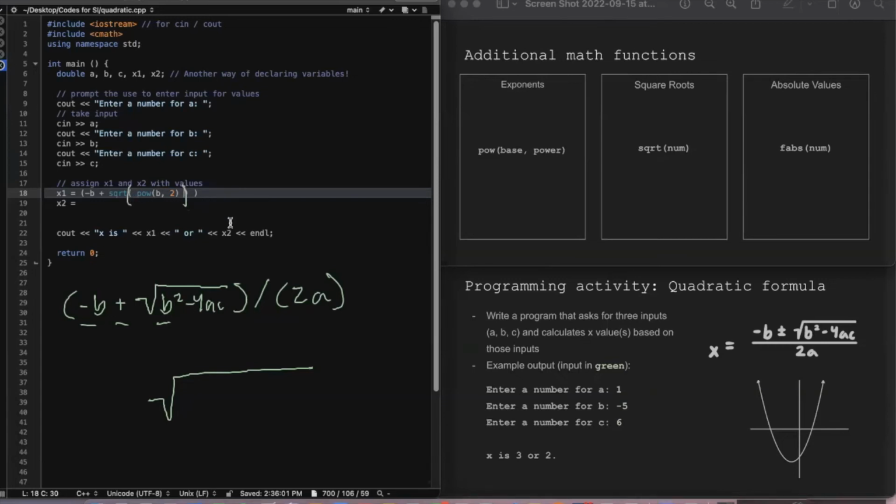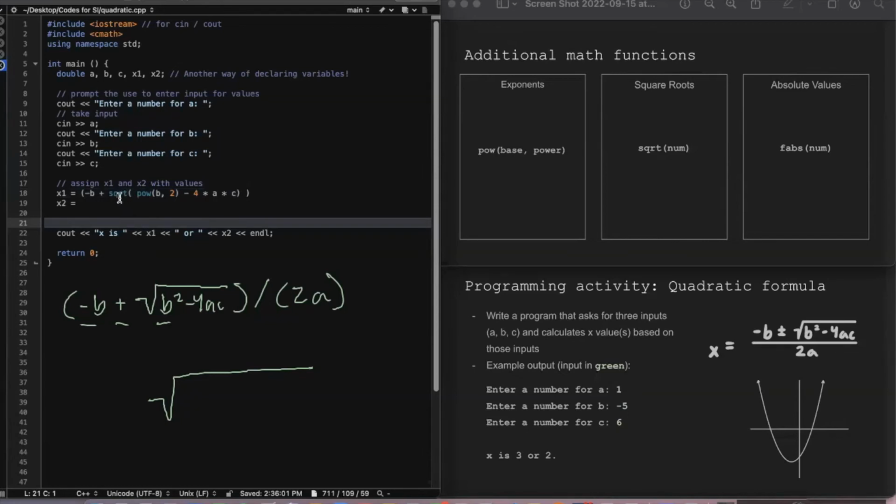Now we need to do minus 4 times, and in C++, remember, we can't just do 4ac, right? That does not work. We have to have the star symbol between each of our operands. All right, so that takes care of everything under the radical sign.